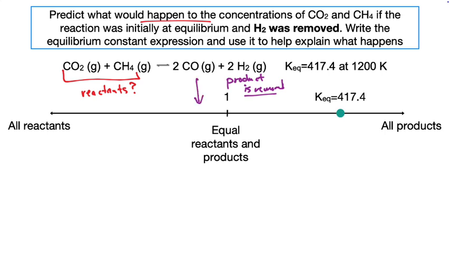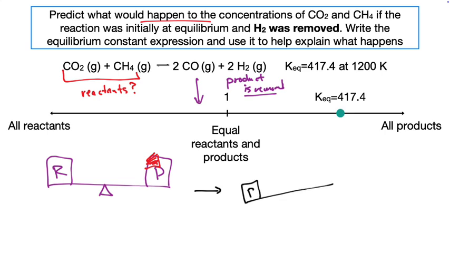If I decrease the product concentration, what's going to have to happen? Reactants increase. If I come in and I cut a section of that product out, what happens? Reactants come out. That change now results in your reactants being too large in comparison to your products, right?